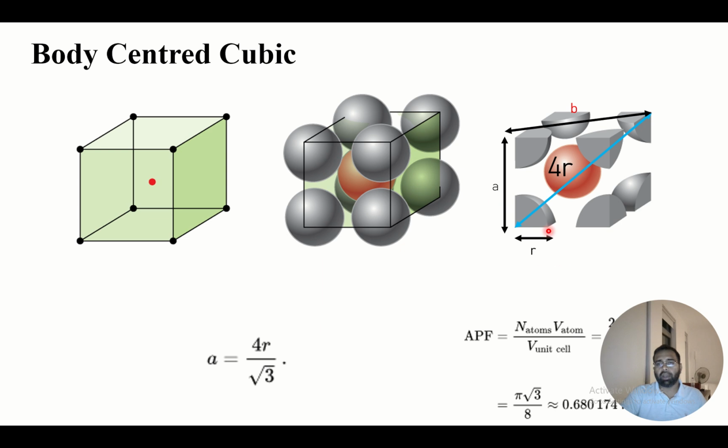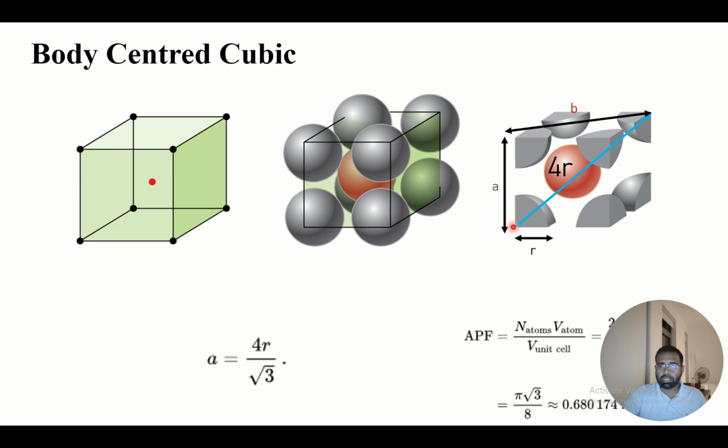the relation between A and R? So let's say these are actually touching each other along the diagonal; this will touch this. The body centered atom is touching each corner atom. When they are touching, the corner ones are not touching each other. So how will we calculate it?